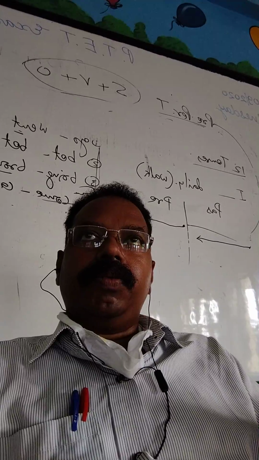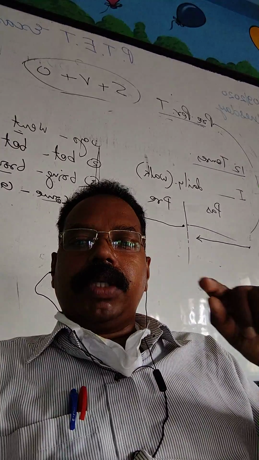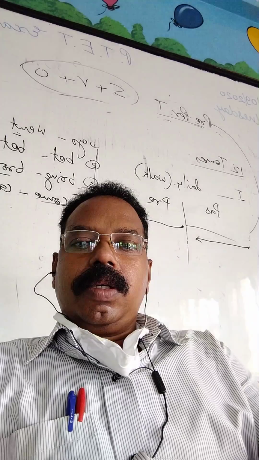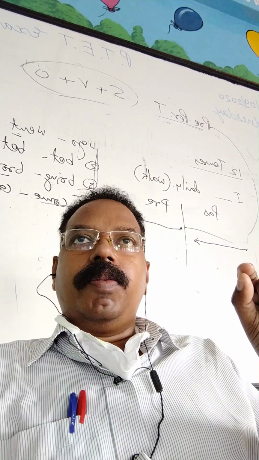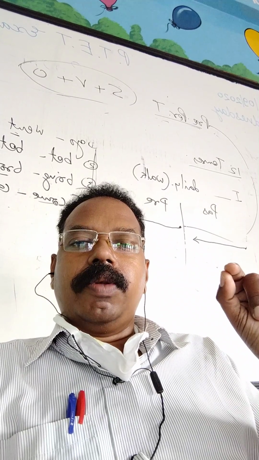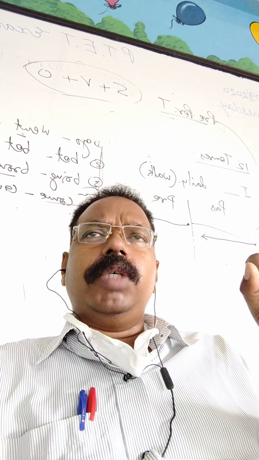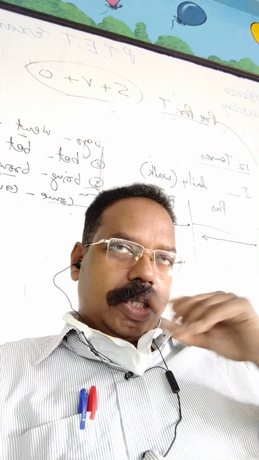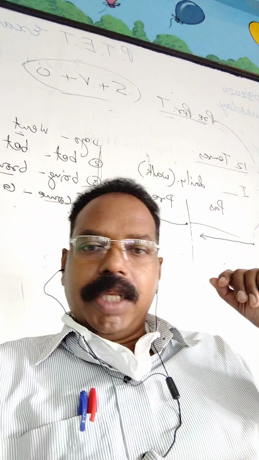Then the next one is present perfect tense. If you know present perfect tense, what is the formula? Subject plus has or have plus V3, the verb's third form, that is the past participle of the verb. So in that case, we put the past participle of the verb in the future tense as well. When we convert, again shall or will is used.